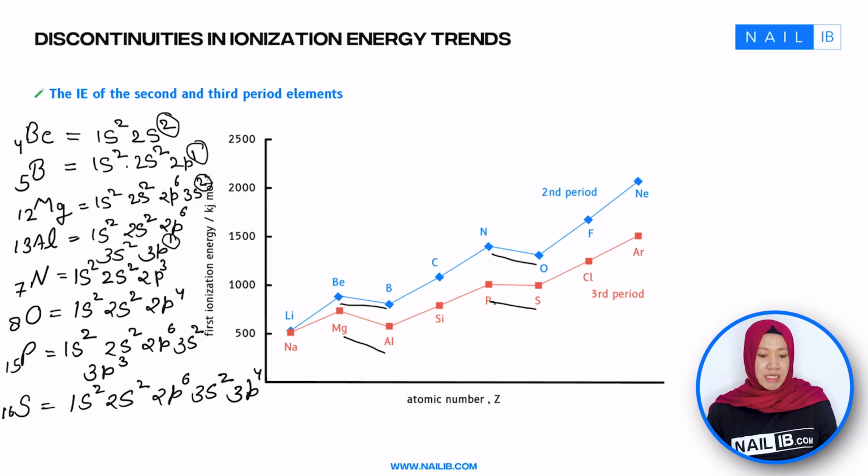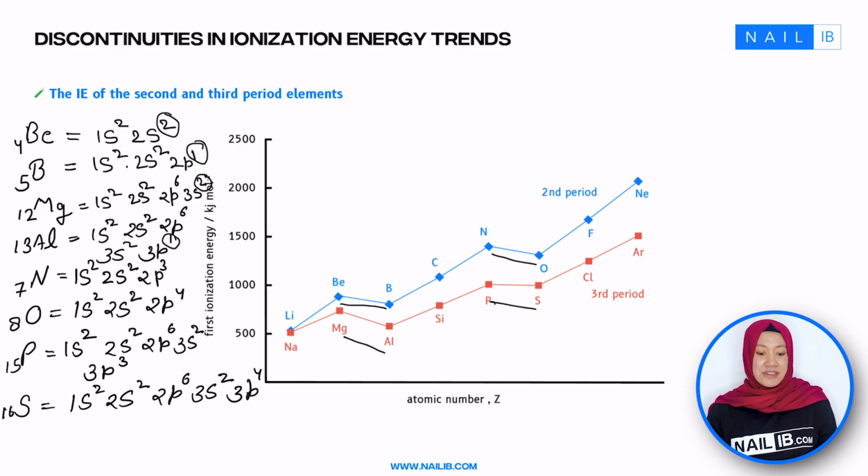The difference is only the main energy level, of course, because they come from different periods and the number of electrons of Mg and Al are bigger compared to B and Be, but the pattern is the same. So the valence electrons for Be and Mg fill in the s orbital, but for B and Al, the p orbital. So why is the ionization energy less to remove an electron from B and Al?